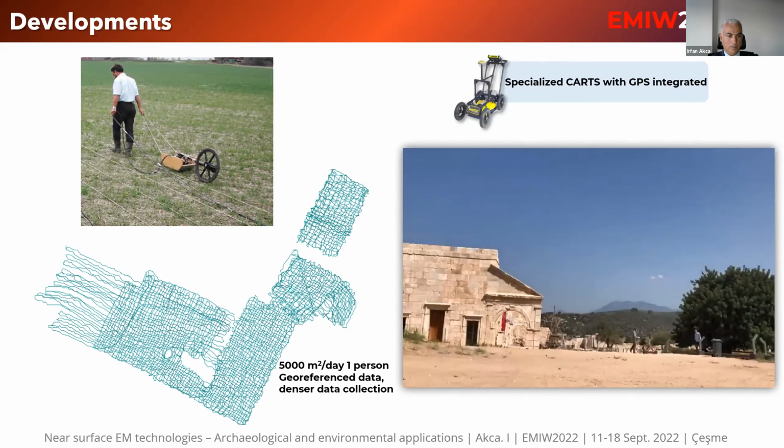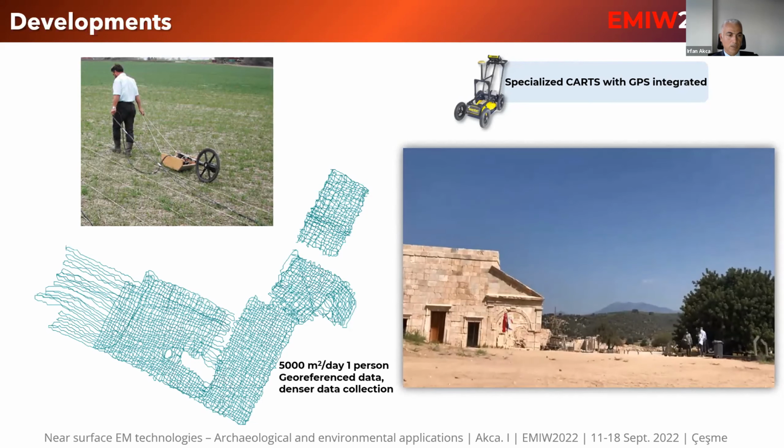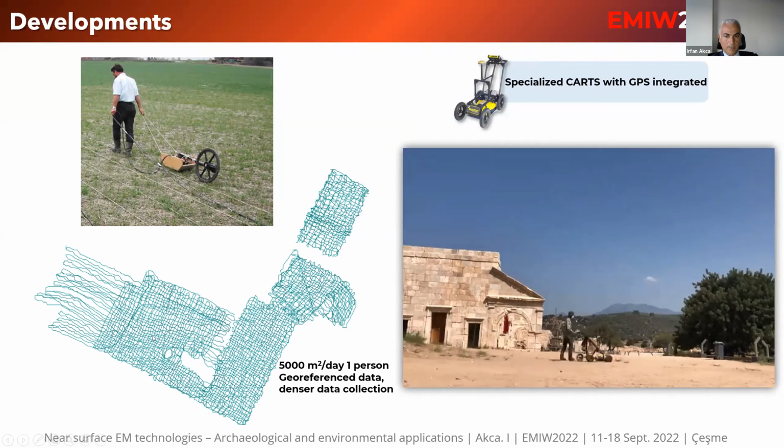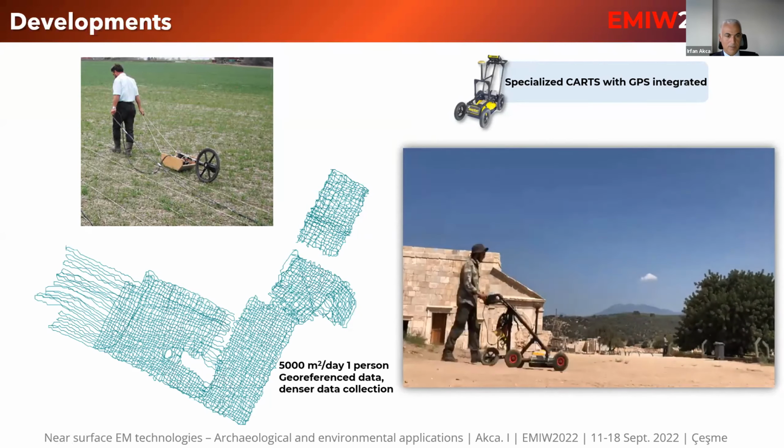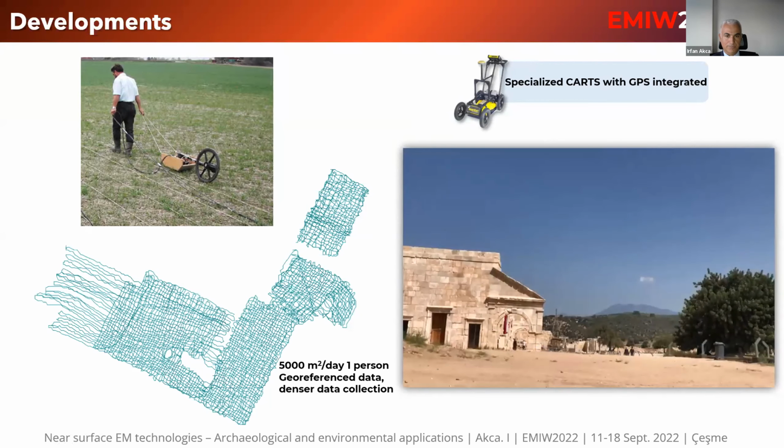So this type of measurement is also equipped with a real-time GPS receiver. So it records simultaneously the location of the trace. So you can now have a path like the one on the left, and just one person can scan an area of 5,000 square meters per day. And this increases the speed of survey. It's a practical solution.